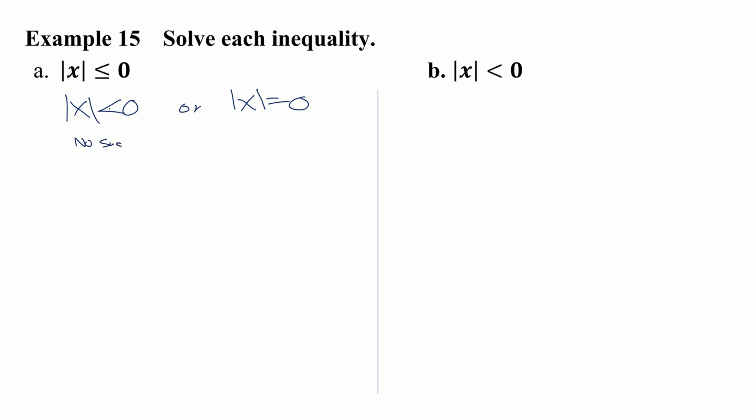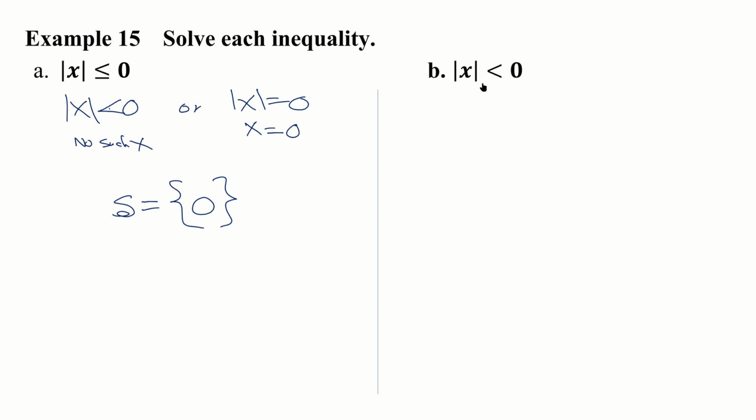There's no such x whose distance from 0 is less than 0. But there is one number on this side that does satisfy this, and that's what? That is x equals 0. See? So therefore, in this case, the solution set is going to have a single solution, and that is what? 0. All right, so think about that for a minute. Sometimes these need a little bit of analysis.